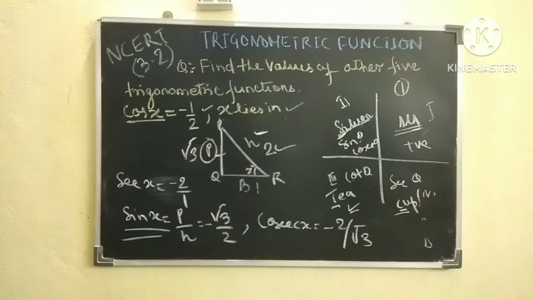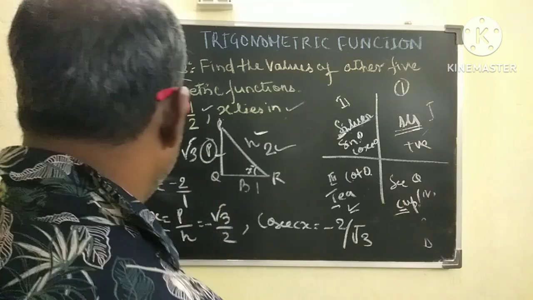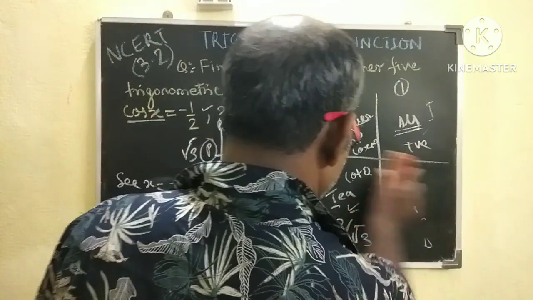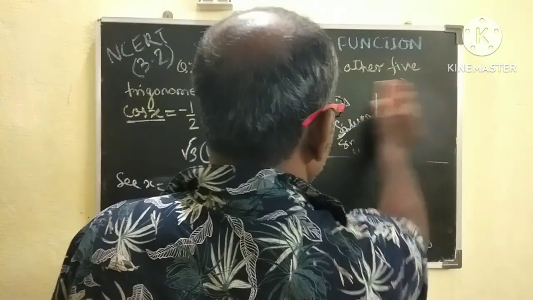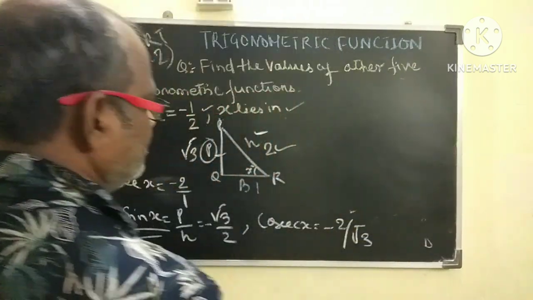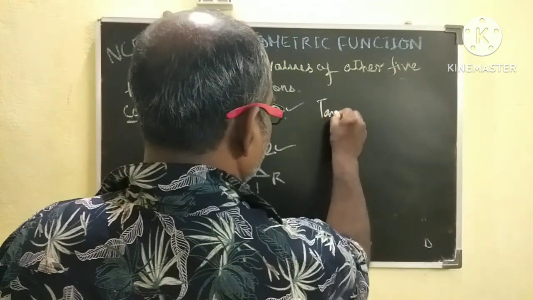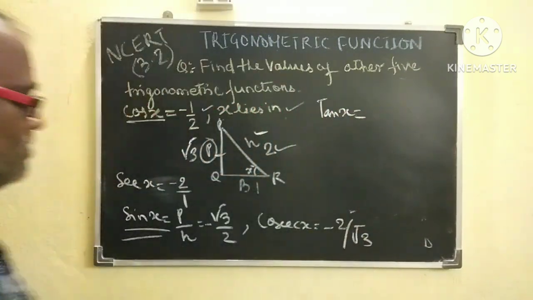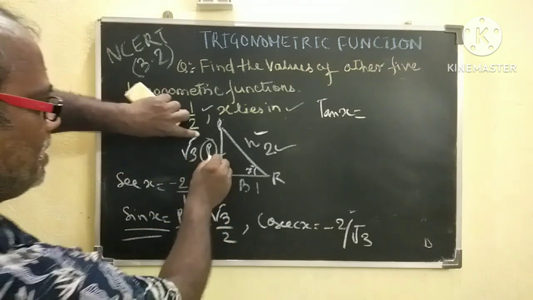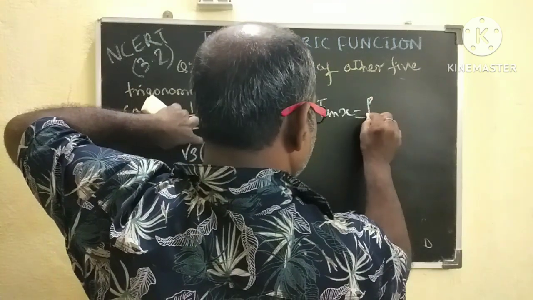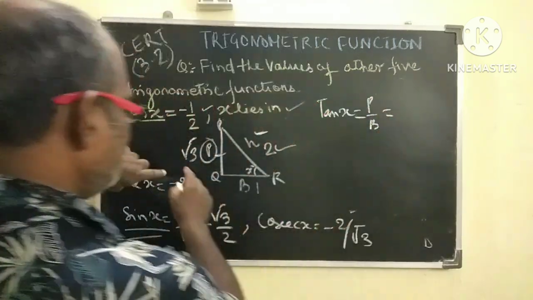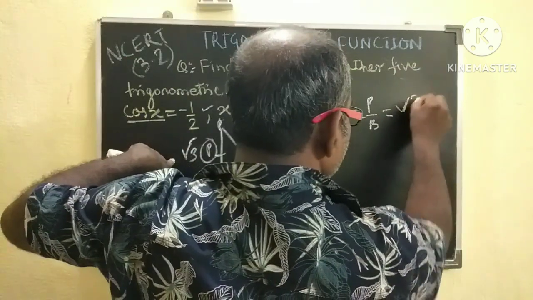Now we need to find tan x. Tan x means p by b, here it is root 3 by 1.